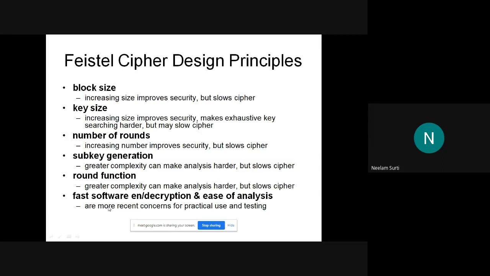So in the Feistel cipher design principle, what you have to keep in mind: the block size, the key size, the number of rounds, the subkey generation algorithm, the round function you are using, and lastly, the software that is developed. Ultimately, the algorithm we are developing should be as fast as possible for doing encryption as well as decryption.